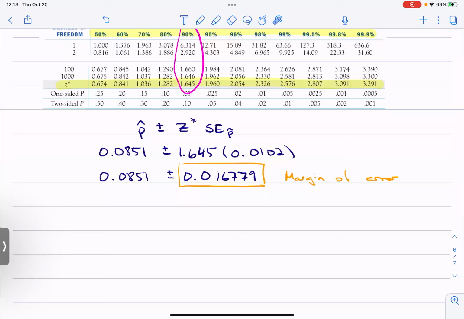There are instances where questions will just give you the point estimate and the margin of error, so then you would just skip straight to here. Once I do this calculation, I get an interval. Remembering, even though it is plus minus, you have to start with the minus part to get the lower part of the interval and then do the addition. And we get 0.068321 up to 0.101879.